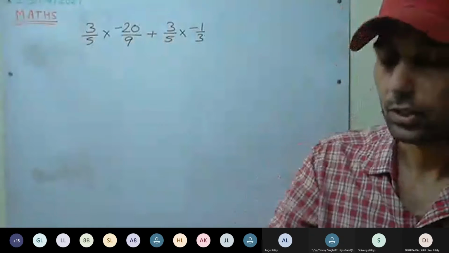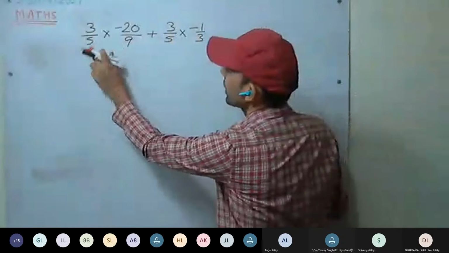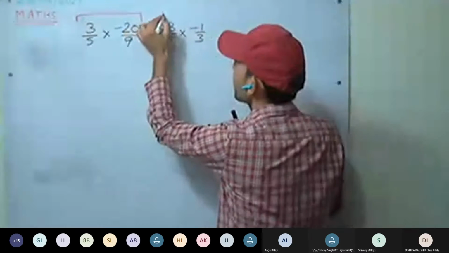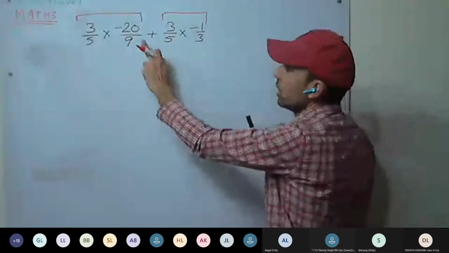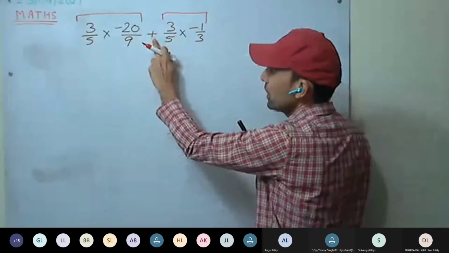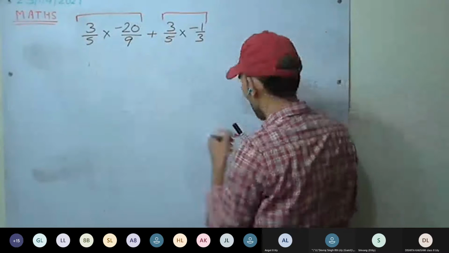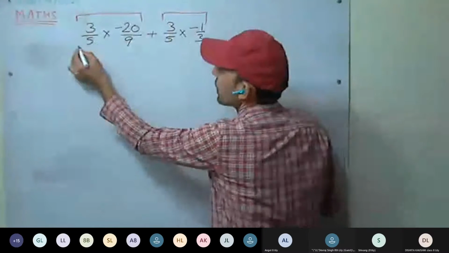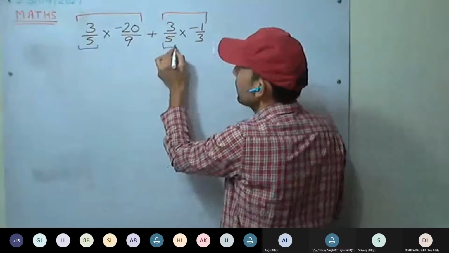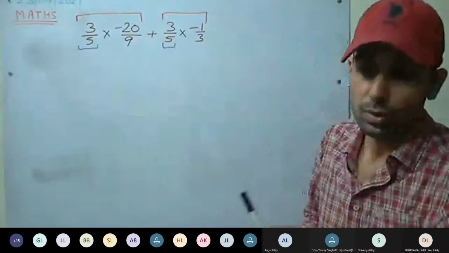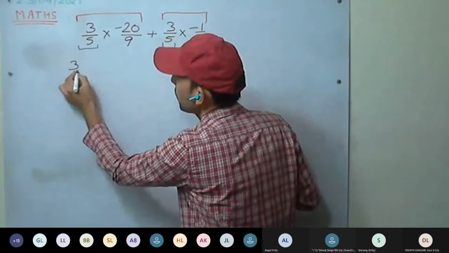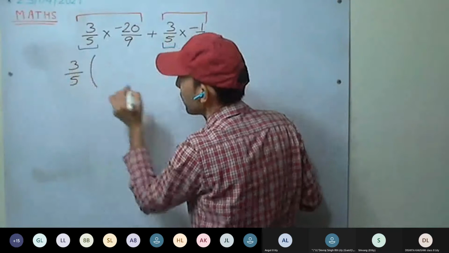So first, check whether any common factor is there. Here is one multiplication, and here is the other multiplication. So distribution of multiplication over addition. Now we have a common factor, that is 3 upon 5. Here as well 3 upon 5. So we can take it out. 3 upon 5 common.